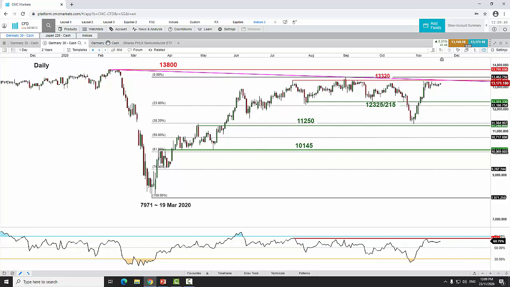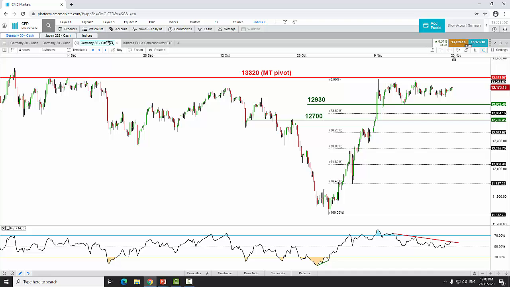So moving on to the strategy chart, which is the 4-hour chart. What I do expect is pretty much a sideways price configuration below this 13,320 level. As long as this 13,320 medium-term pivotal resistance is not surpassed, I do expect another swing down to retest this short to medium-term range support level at 12,930.